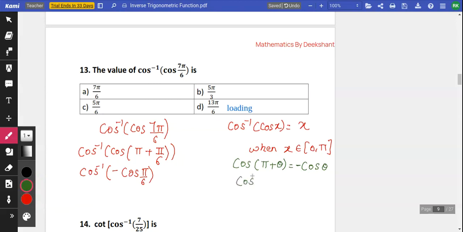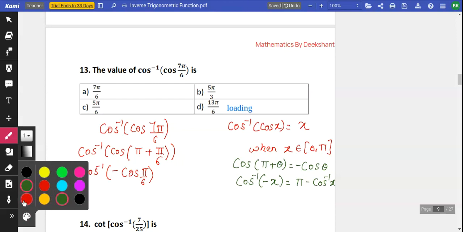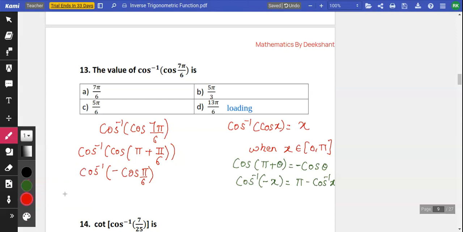And cos inverse of minus x is equal to pi minus cos inverse x. So according to the formula, cos inverse of minus cos pi by 6 can be written as pi minus cos inverse cos pi by 6.